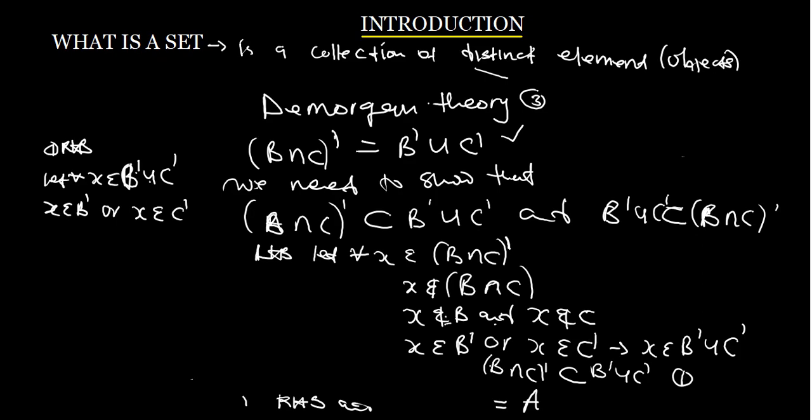So now we want to change things here. So we'll say x is not a member of B, all right, and x is not a member of C. All right, that's the meaning there.